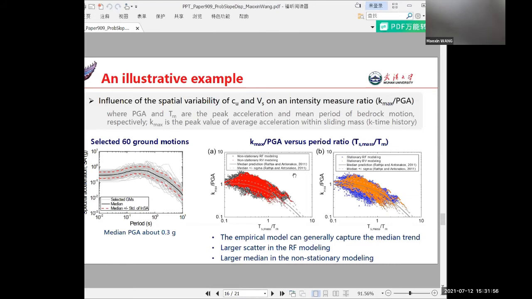The Kmax divide PGA versus the period ratio is shown in the right 2 figures. We can see this empirical model can generally capture the median trend. But the data for the random field models has larger scatter.